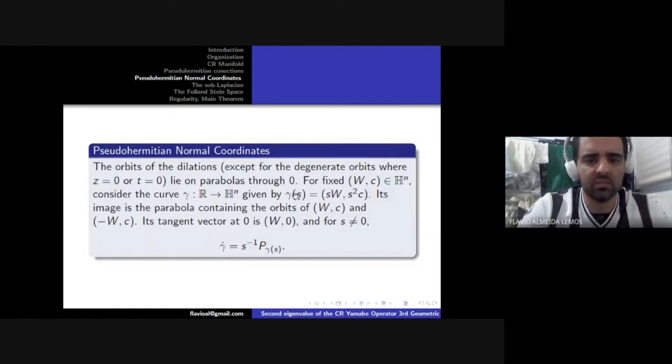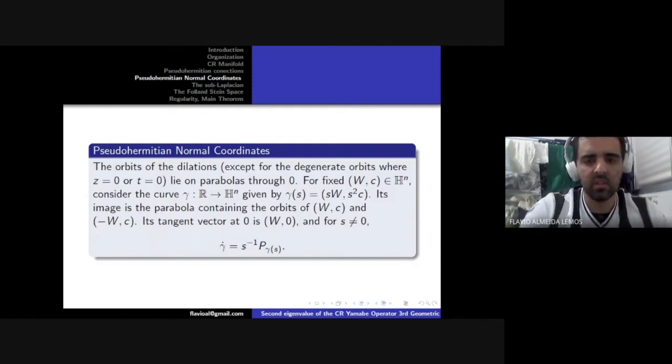We have these curves, called the parabolas. Its image is the parabola containing the orbits w, minus w, the tangential vector, and zero. We have this equation.